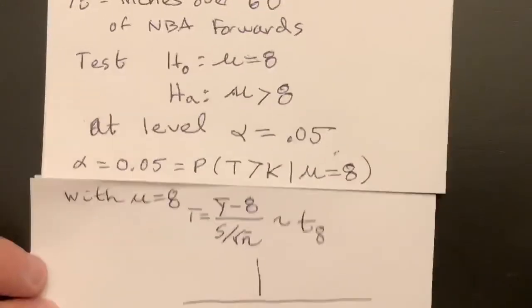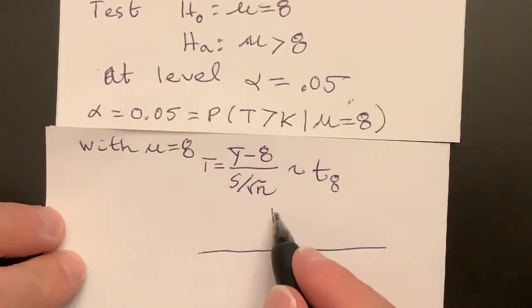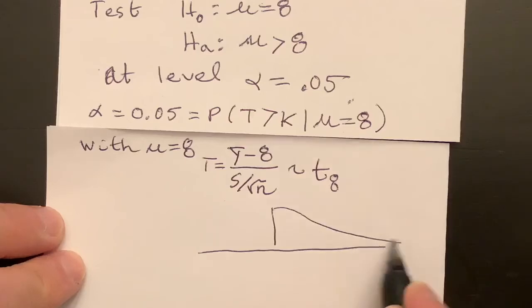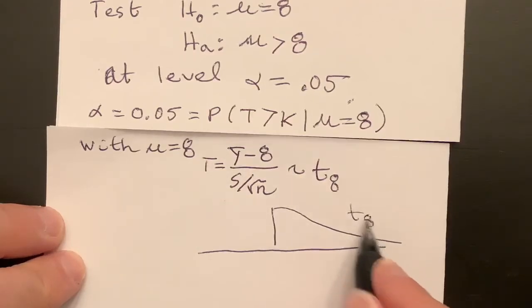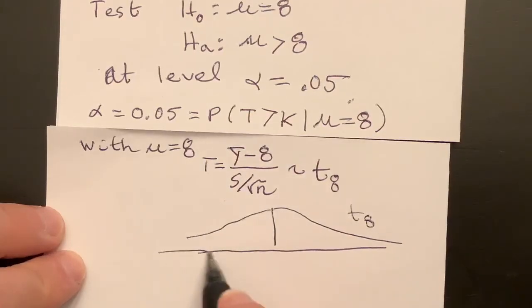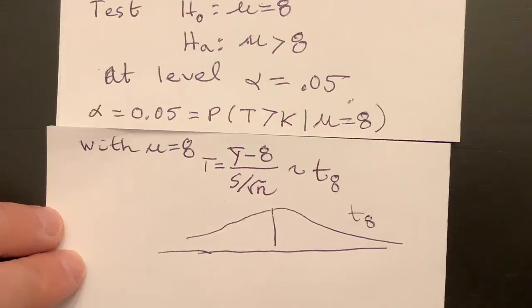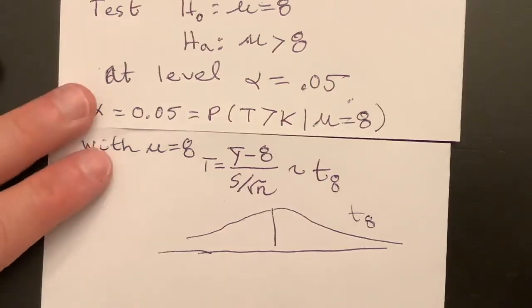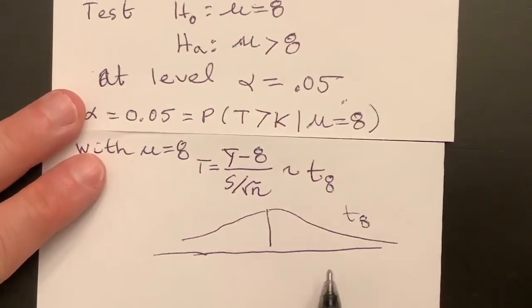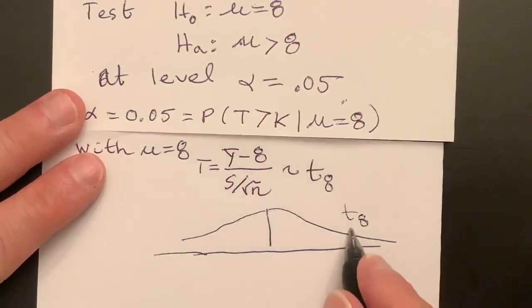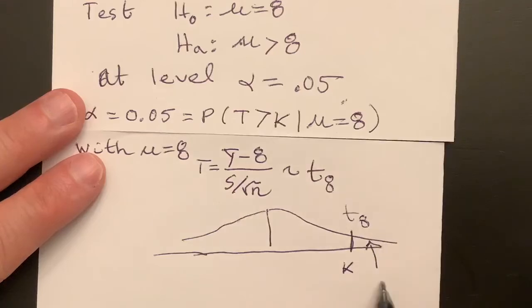I'm going to draw a picture here of the PDF of T8, crude picture. And we want the rejection region to be a right tail. So K is going to be some value here, such that this area here is 0.05, right?